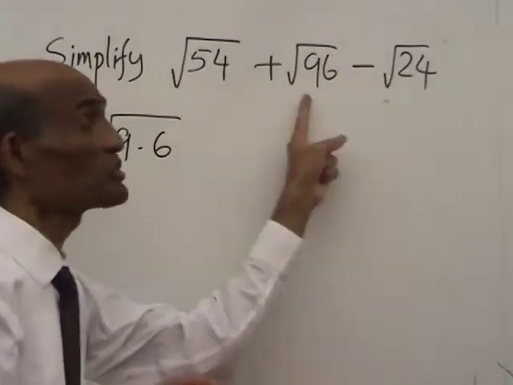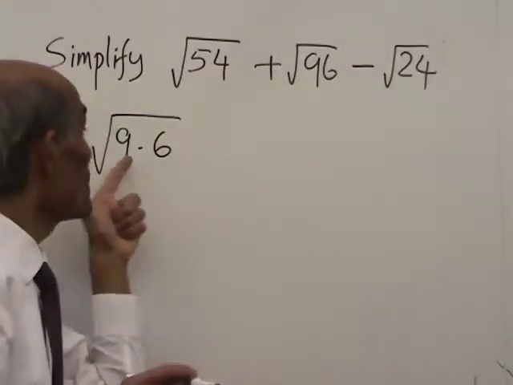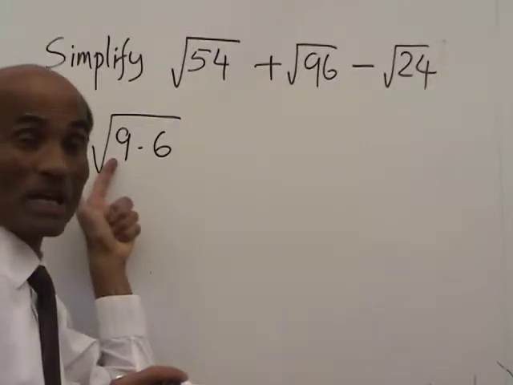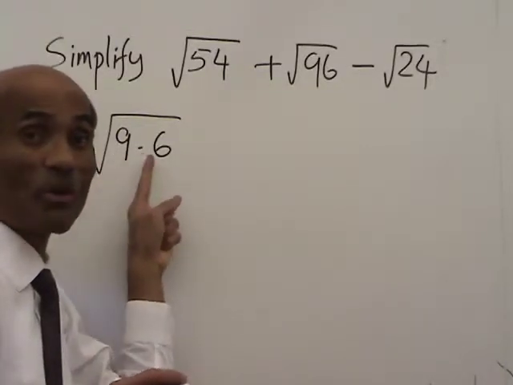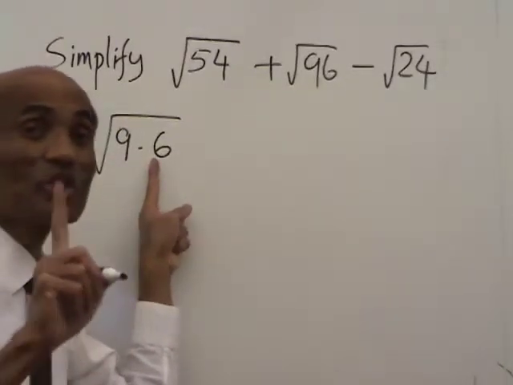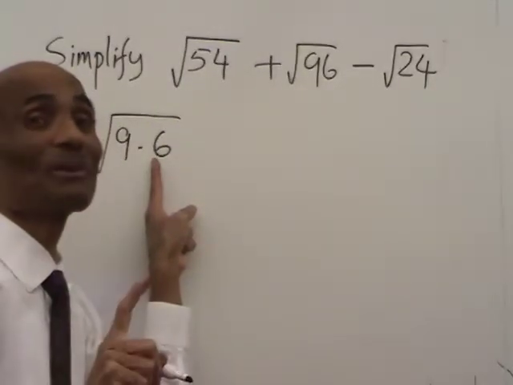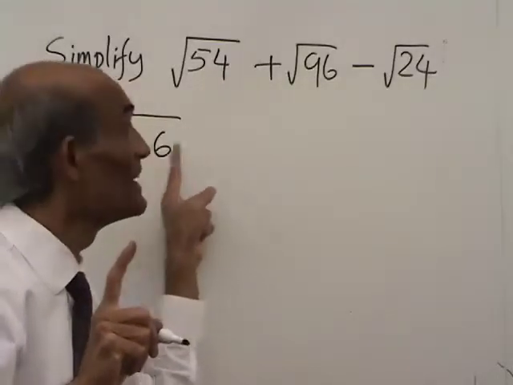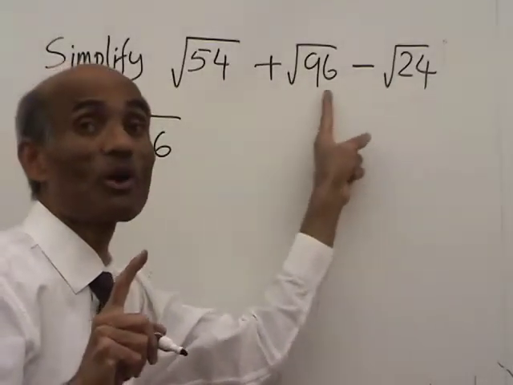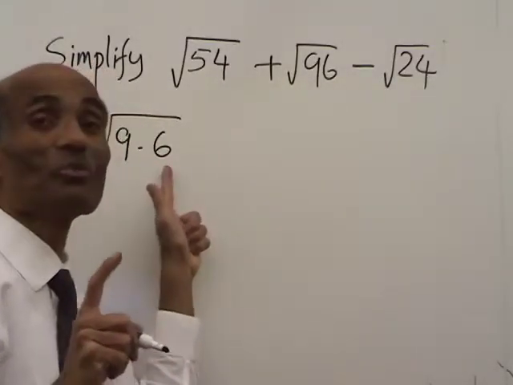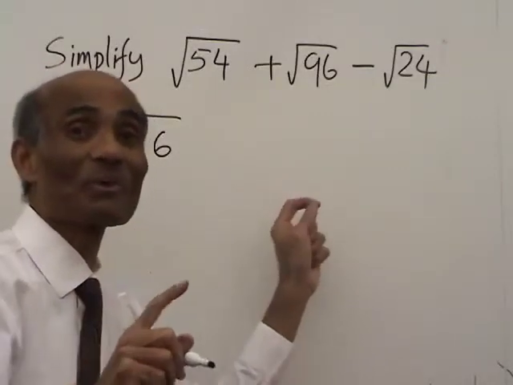You see, in questions like this, you have identified in the first case 9 is the perfect square, 6 is not the perfect square, so that is going to stay inside the radical. Now you should expect that in the next two terms also, this 6 will stay inside the radical.